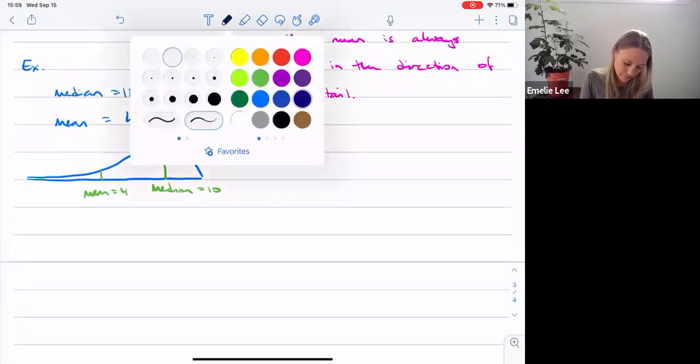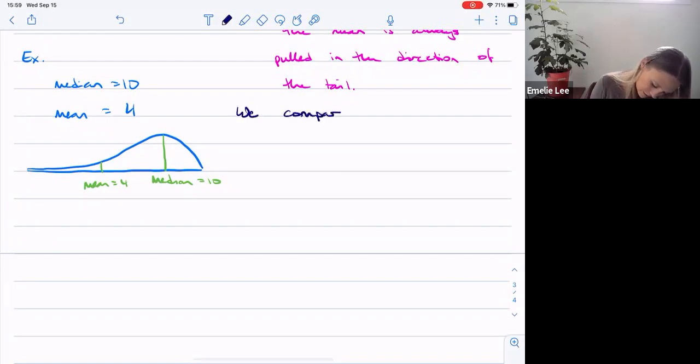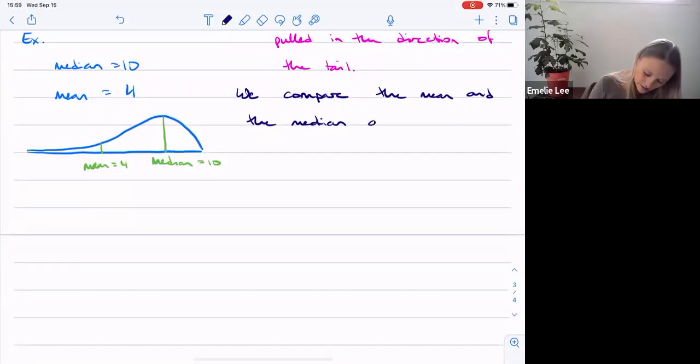Okay. So we compare the mean and the median. Okay.